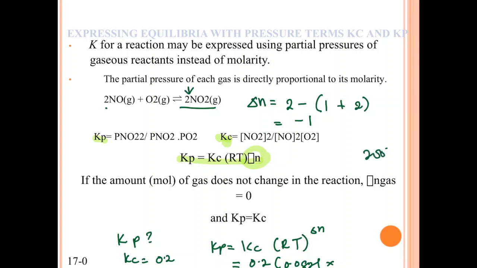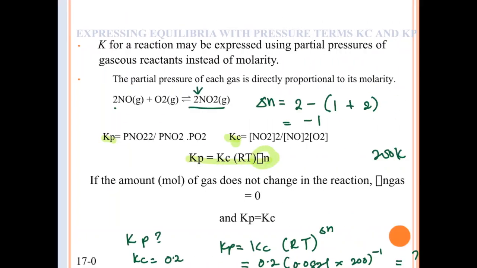Let's say the temperature of this reaction is 200 Kelvin, so multiplied by 200, to the power of negative 1. Press the calculator, then we'll get the answer.